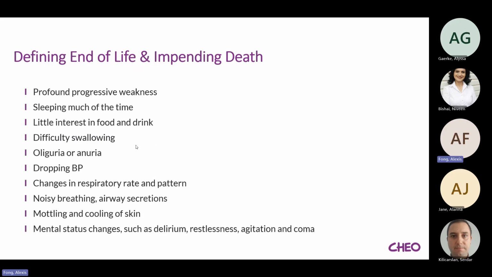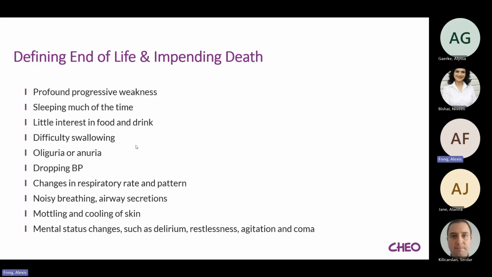In terms of defining end of life and impending death, things that you're looking for are profound progressive weakness, sleeping a lot of the time, little interest in food and drink, difficulty swallowing, decrease or anuria, dropping blood pressure, changes in respiratory rate and pattern that we've talked about, noisy breathing and airway secretions, changes in the skin, and mental status changes.